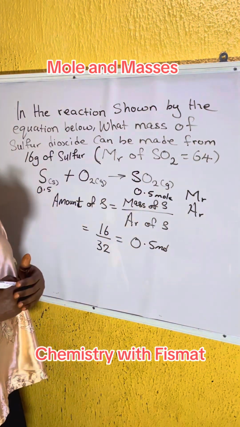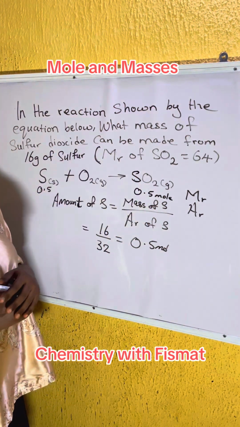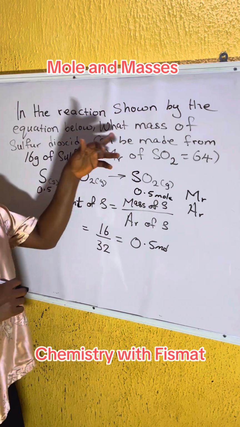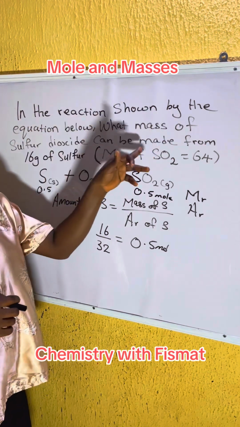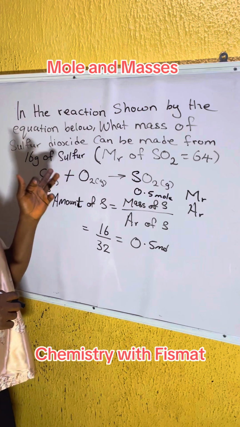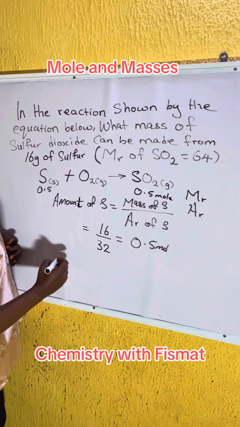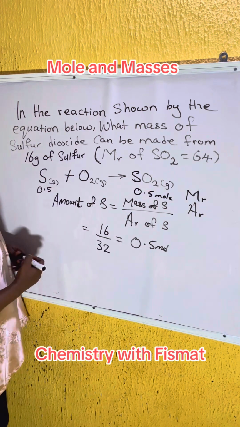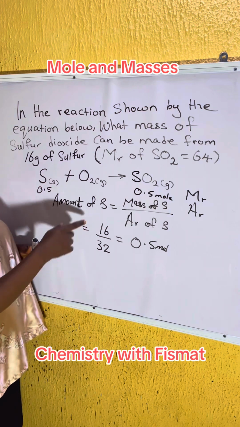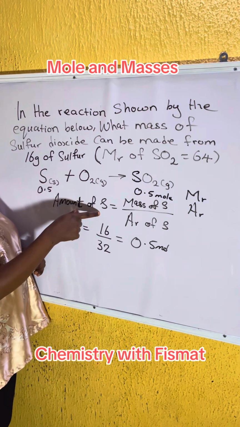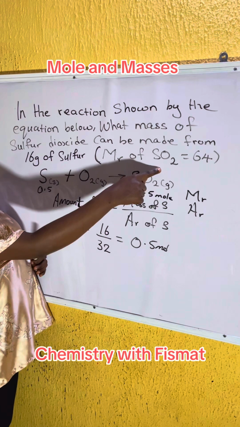Now we have the amount of sulfur dioxide, so we can calculate the mass. What mass of sulfur dioxide can be made from 16 grams of sulfur? To calculate this, we multiply the amount of sulfur dioxide by the relative formula mass.